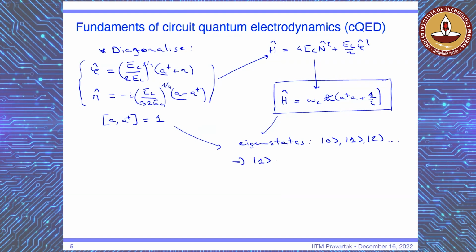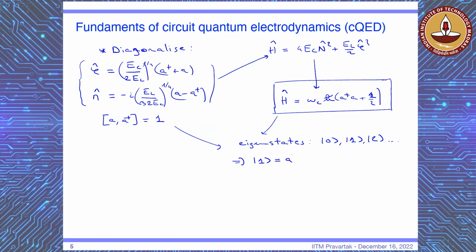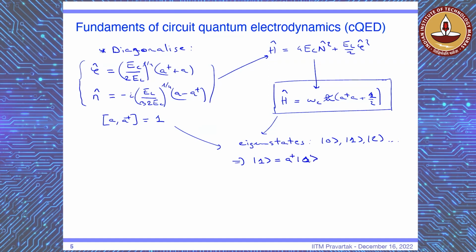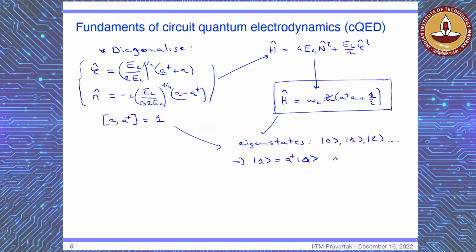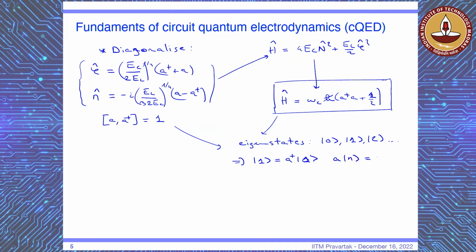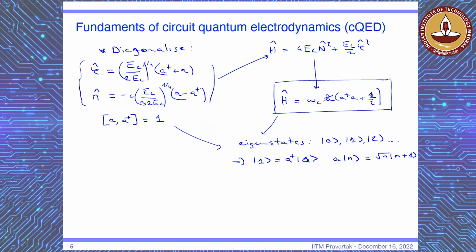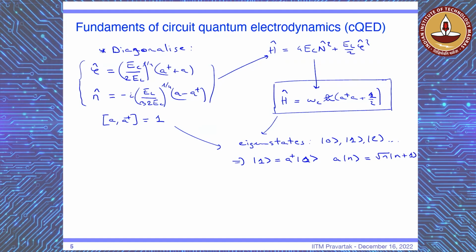So state 1 is going to be basically just A dagger acting on state 0, exactly. More generally, A dagger acting on n is going to give square root of n plus 1 times state n plus 1. So these ladder operators allow you to move from one state to the other.